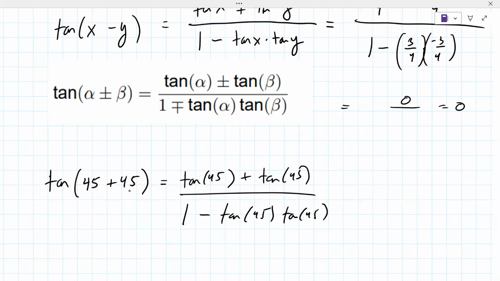Yeah, I thought you had... I do mean the 45, 45, 90 triangle. No, I mean, if they give you alpha and beta or the x and the y, you can just put them in here.